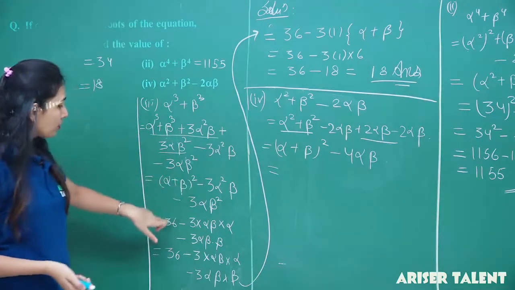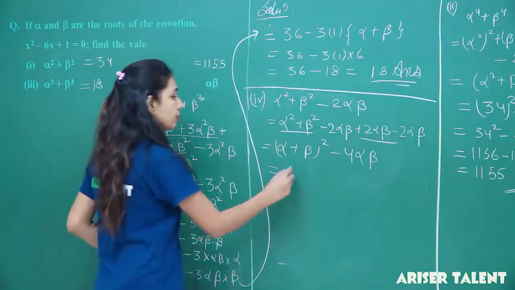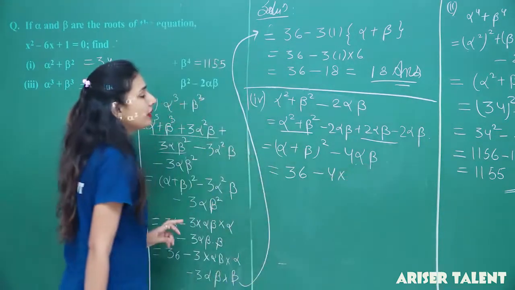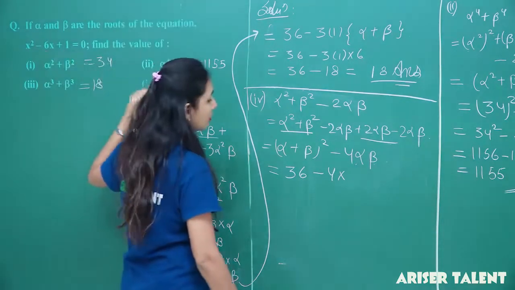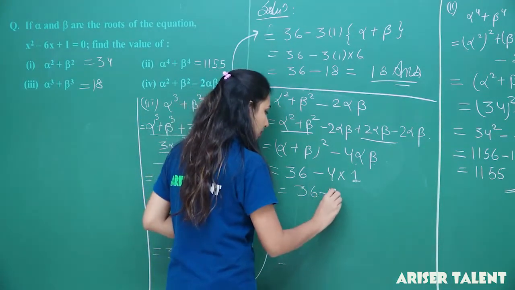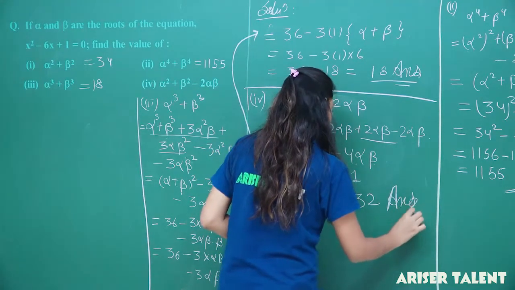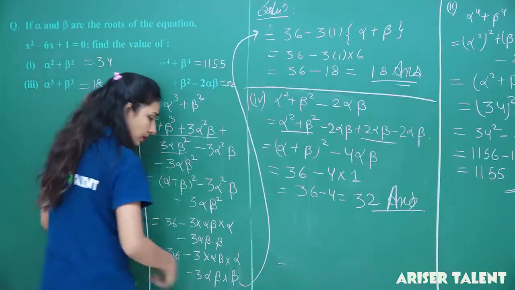Alpha plus beta whole square we have found just before, the value is 36. So 36 here, minus 4 multiplied by alpha multiplied by beta. Now alpha beta we have seen that the value is 1 by 1 equals 1. So that will become 36 minus 4, which is 32. So here our answer will become 32.